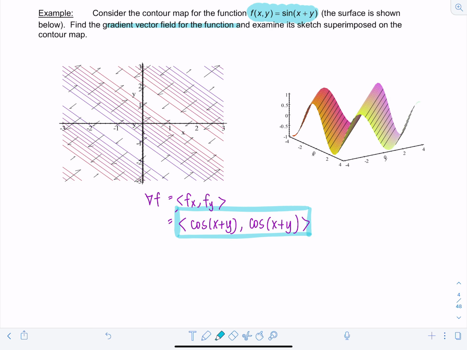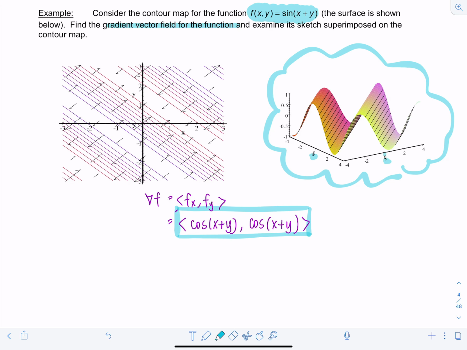One thing to notice here with this surface that's been sketched out is that the axes are oriented differently than how we typically draw them. Notice this is the x-axis, this is the y-axis, and 0's in the middle. Okay, so to kind of help you out, let's break it up.